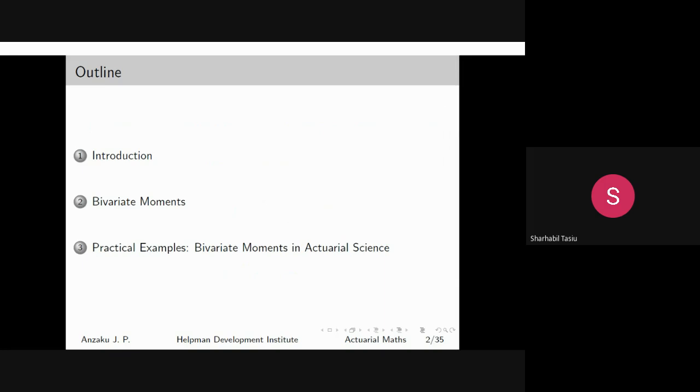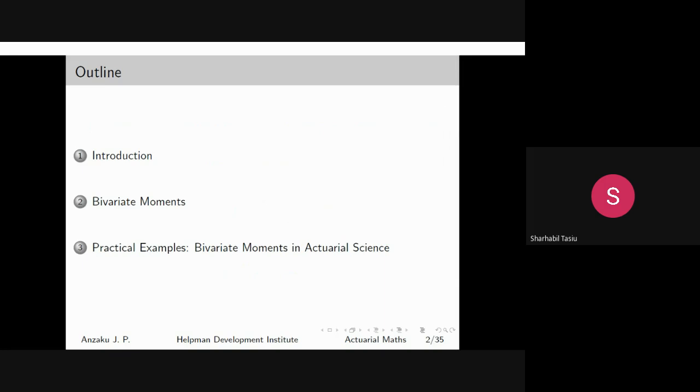So we understand what we mean by moments, just like the normal moments we know about. The mean is the first moment, the variance is the second moment, the skewness is the third moment, the kurtosis is the fourth moment, and so on.